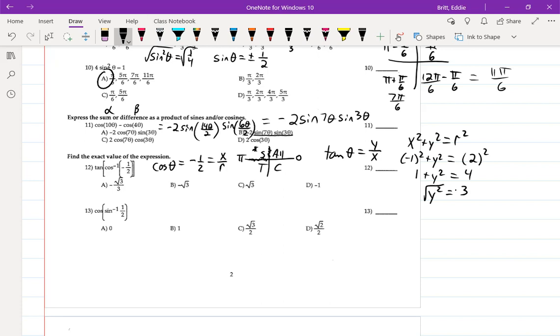So I take the square root of both sides, and y equals, usually I would put plus or minus, but since I know I'm in the second quadrant, the y is positive, right? So it's going to be positive square root of 3. So now let's write what tangent is equal to. So tangent is y over x. Y is positive square root of 3. X is negative 1. So positive square root of 3 divided by negative 1 is going to be negative square root of 3. So that's my answer.